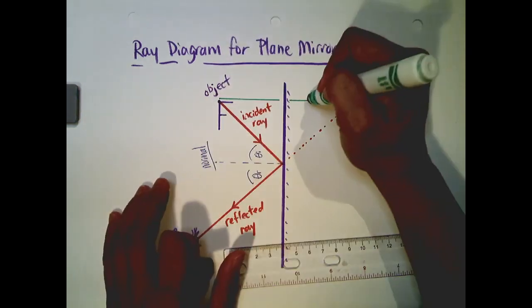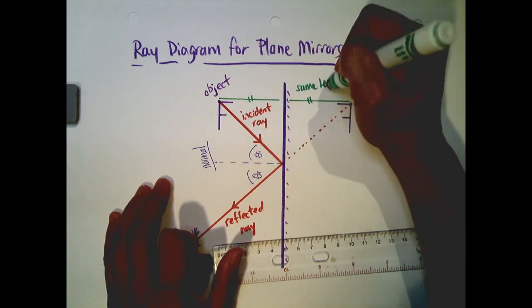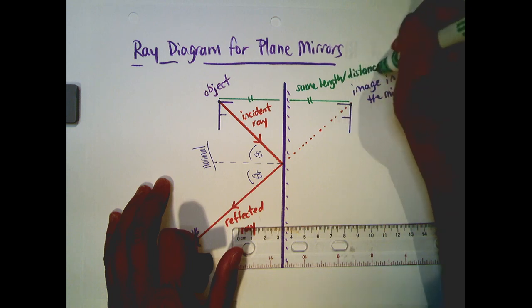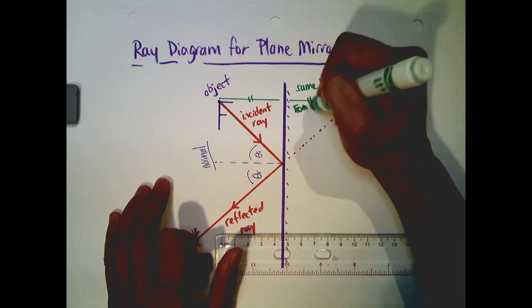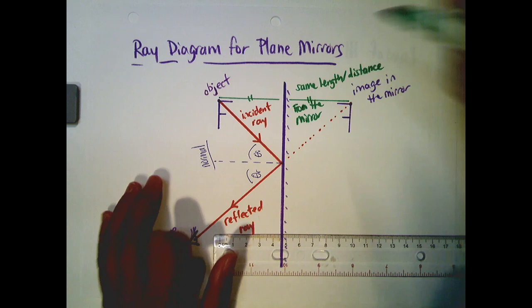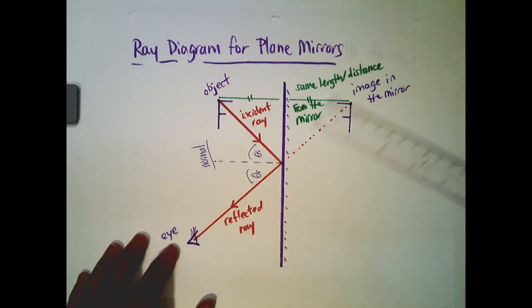In this case, this here is the same length or distance from the mirror. So same distance from the mirror, and that's in the green.